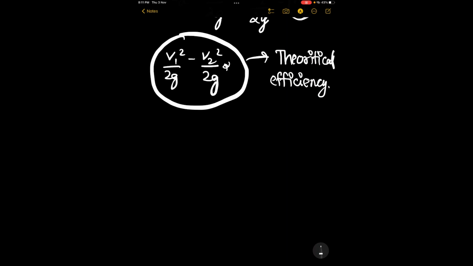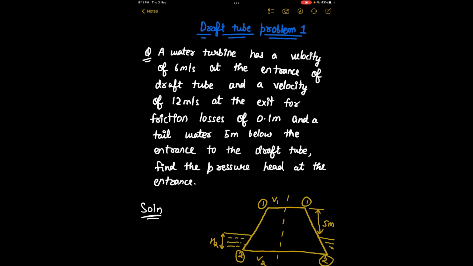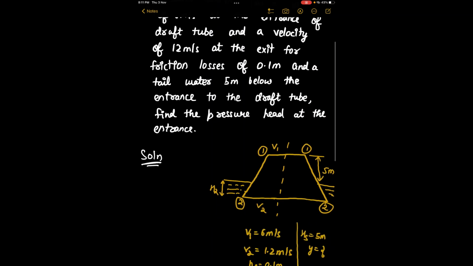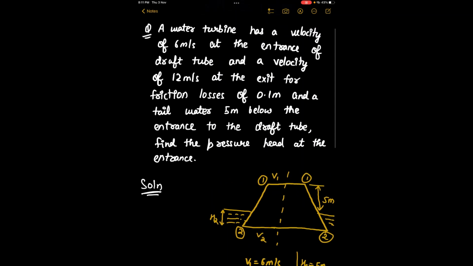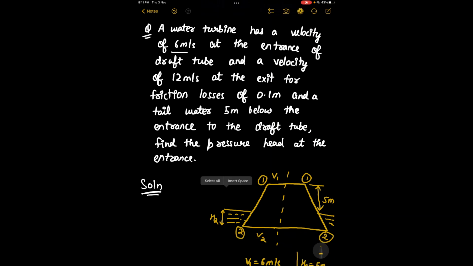Now let's move on to some numerical applications of draft tubes, and let's see some basic numericals. So this is our problem of the draft tube. A water turbine has a velocity of 6 meter per second at the entrance of the draft tube, and a velocity of 1.2 meter per second at the exit.